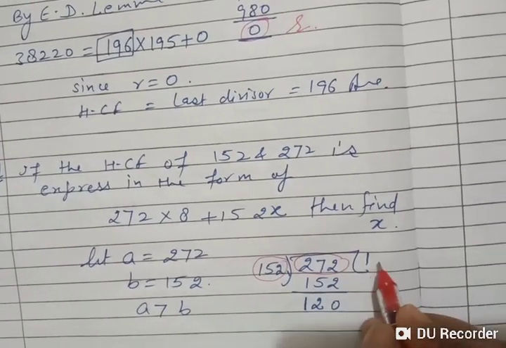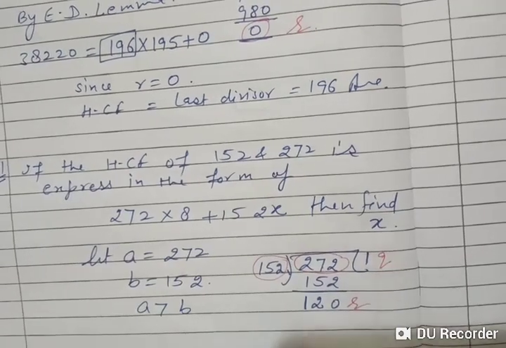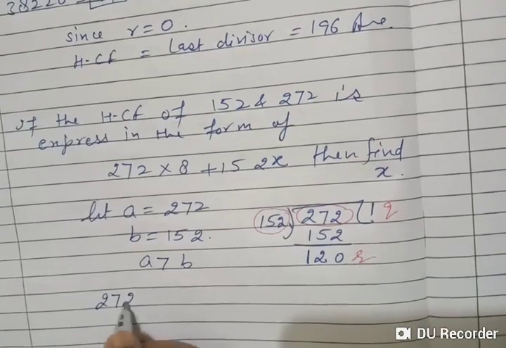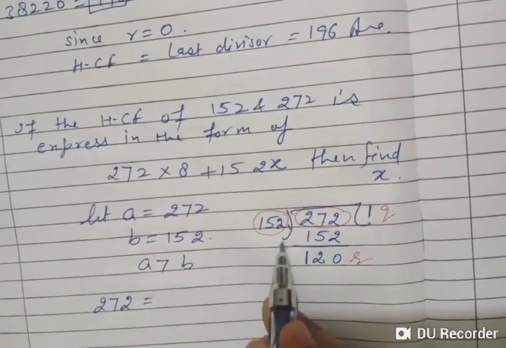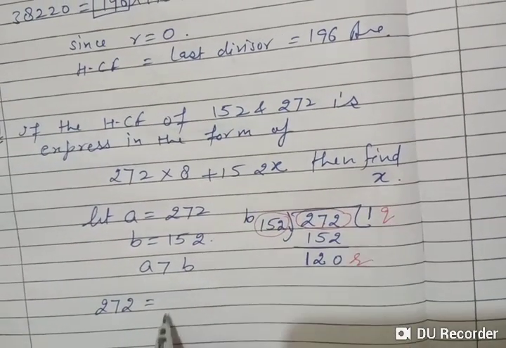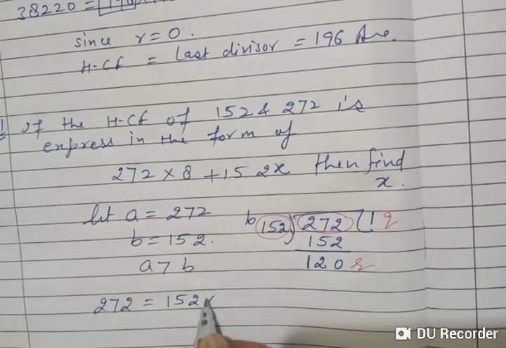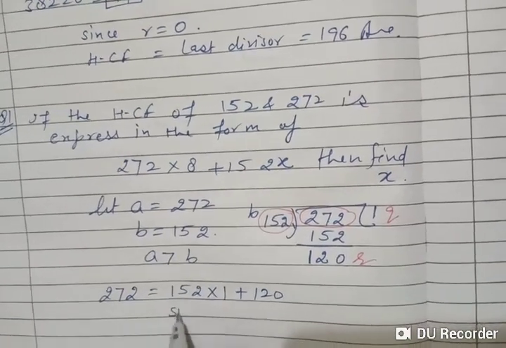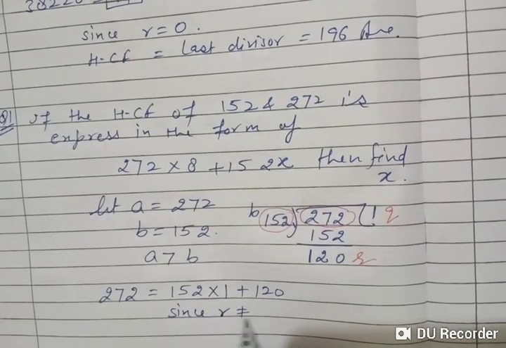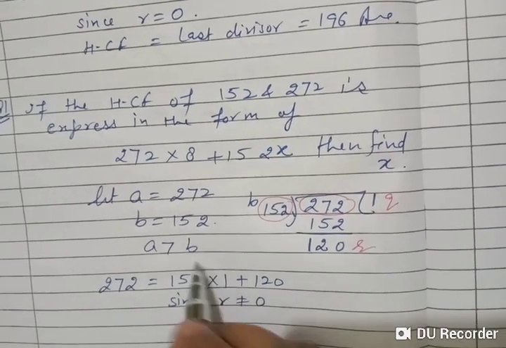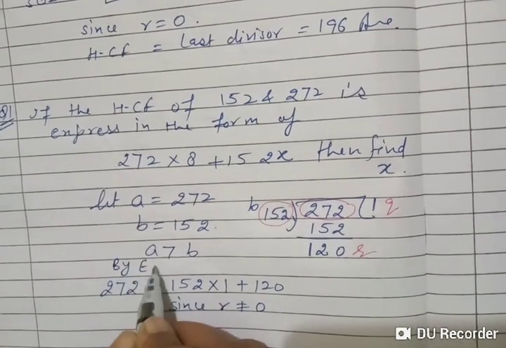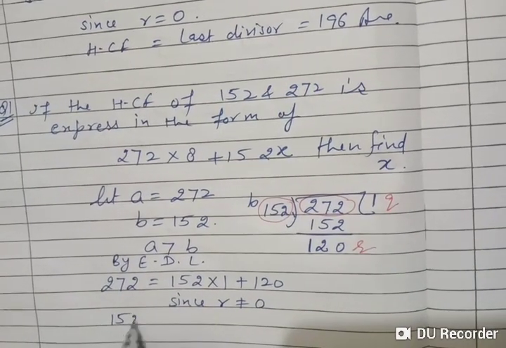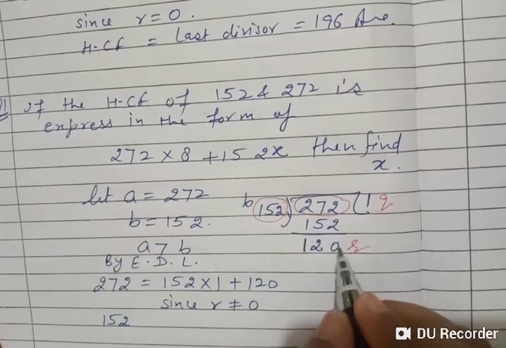This is B, this is our Q, and this is our R. This is the first step: 272, A is equal to B into Q plus R. Again, since remainder is not 0, again we'll apply Euclid division lemma. This will become the new divisor 152.